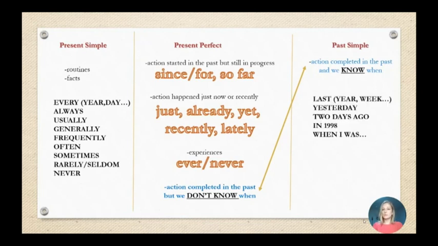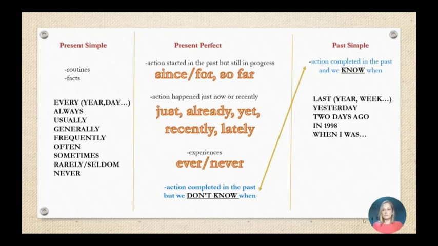These are the words that usually go with past simple. Last year, last week, last night, and so on. Yesterday, 2 days ago, the word ago. For example, in 1998, when we state the exact year, or with expressions like when I was 7, when I was in high school, when I was a child, and so on and so on.